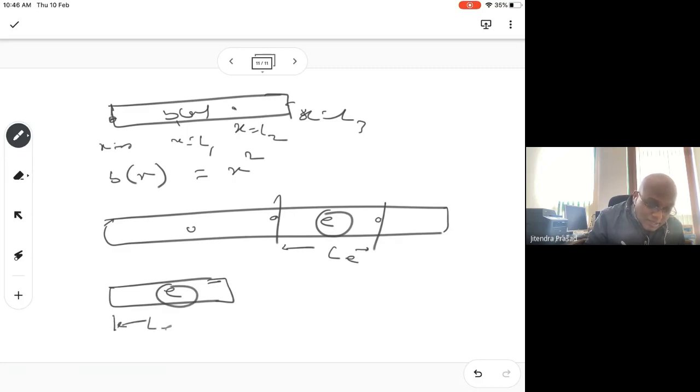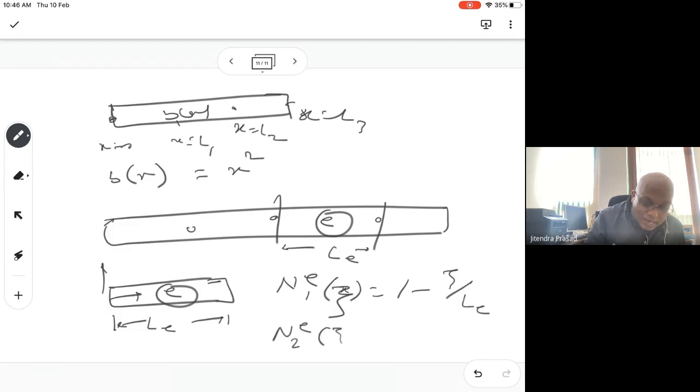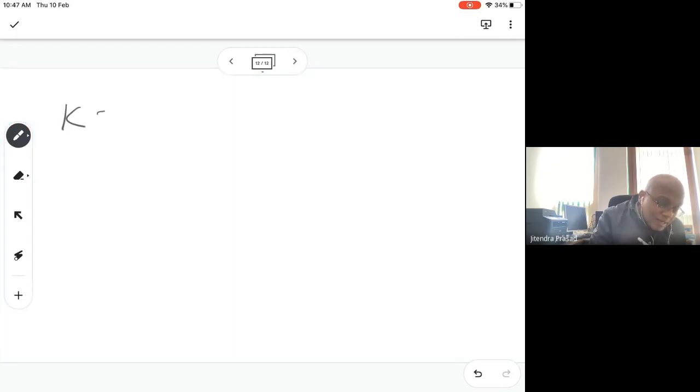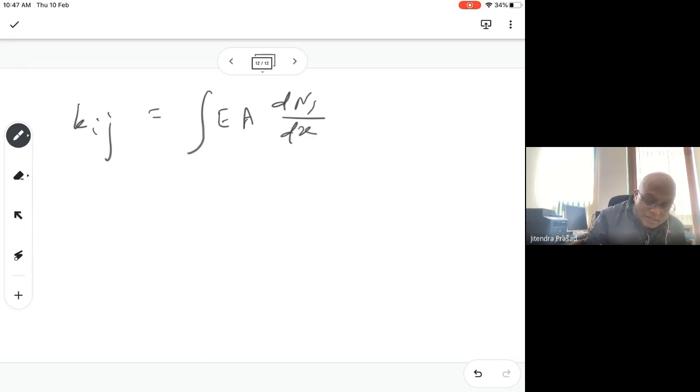length Le, and for that shape function will be N1e(x), where x will be the local, or we can also write xi: N1e(xi) equal to 1 minus xi over Le, N2e(xi) is equal to xi over Le, and we do the K, Kij equal to, for example, EA dNi over dx, dNj over dx, 0 to L. Not x, but you will have xi here.